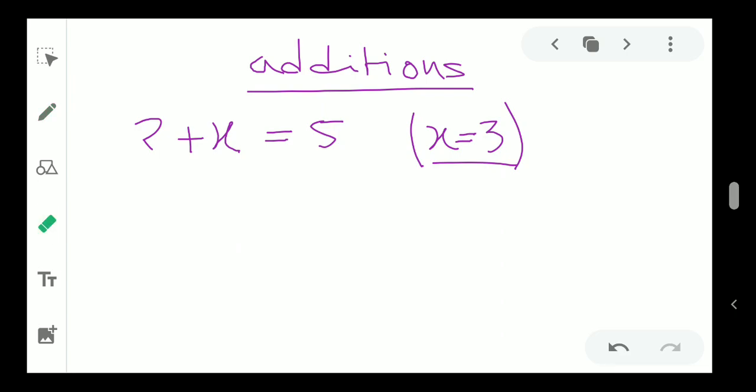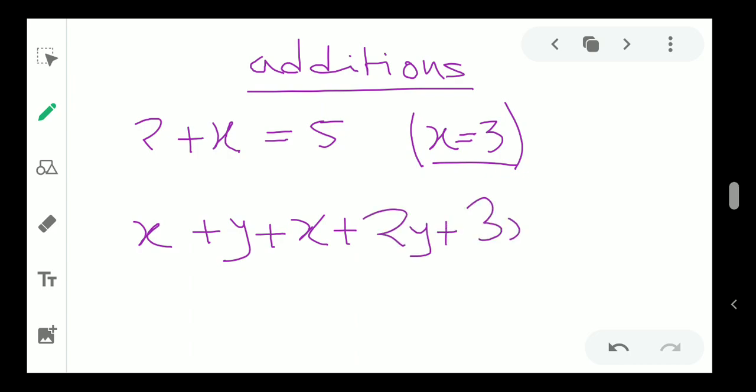In the case of addition of algebraic terms like x plus y plus x plus 2y plus 3x, we have seen that the same variables add up immediately, like x and 3x. 3x means 3 x's are there.